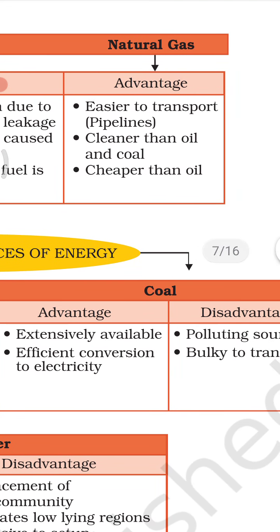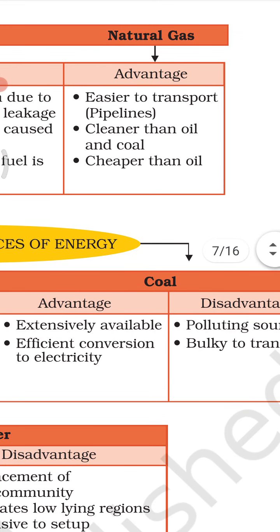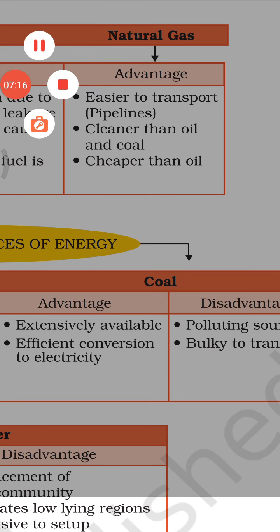Coal advantages: extensively available. Then efficient conversion to electricity. You people know that coal is also used in the production of electricity. So coal is available in abundance, and second, it is used in the production of electricity.